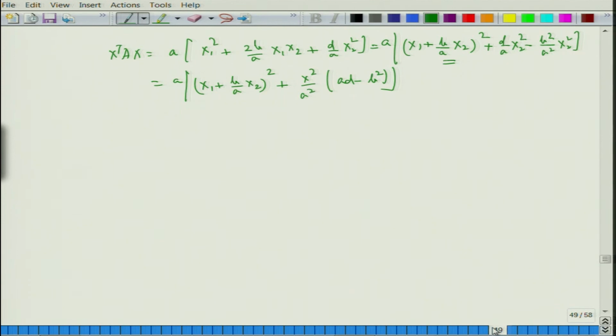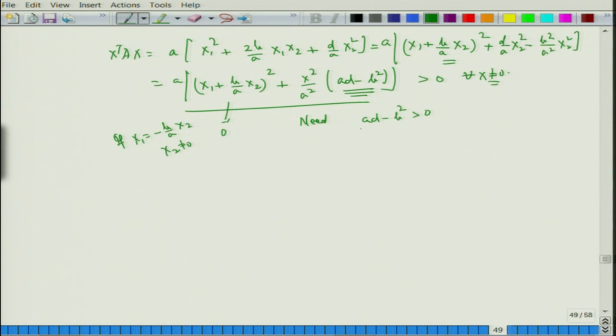Now what I want is that this has to be greater than 0 for all x non-zero. If I take x1 to be minus b upon a x2, this part is 0, and therefore I need this to be positive. With x2 not equal to 0, it will imply that ad minus b square should be positive.